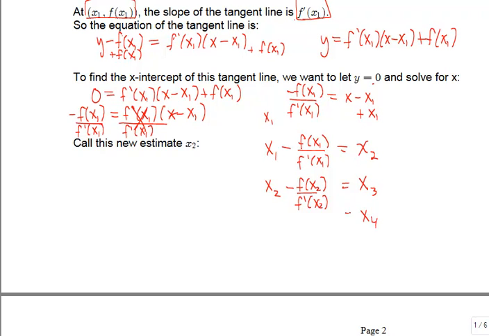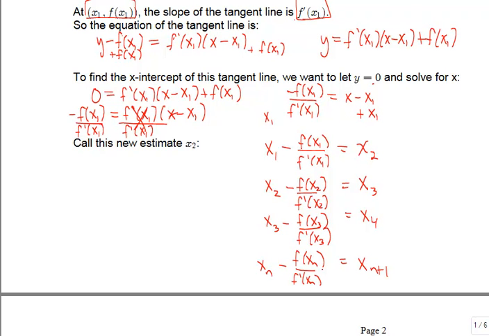X sub 4 would be using the guess x sub 3 in this formula. And similarly, in general, x sub n plus 1 is going to use the x sub n guess, the guess prior to it, into this formula.